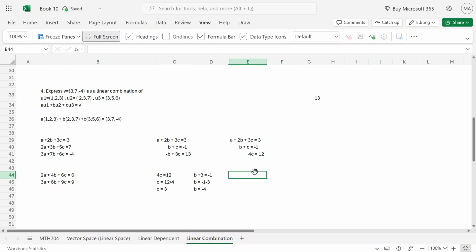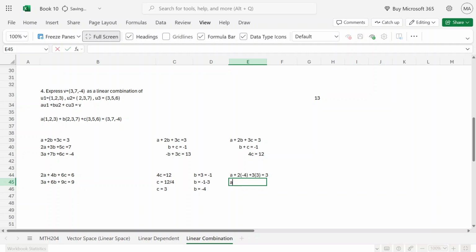Now you have your b and you have your c. Plug it here to get your a. So a plus 2 times minus 4 plus 3 times 3 equals 3.